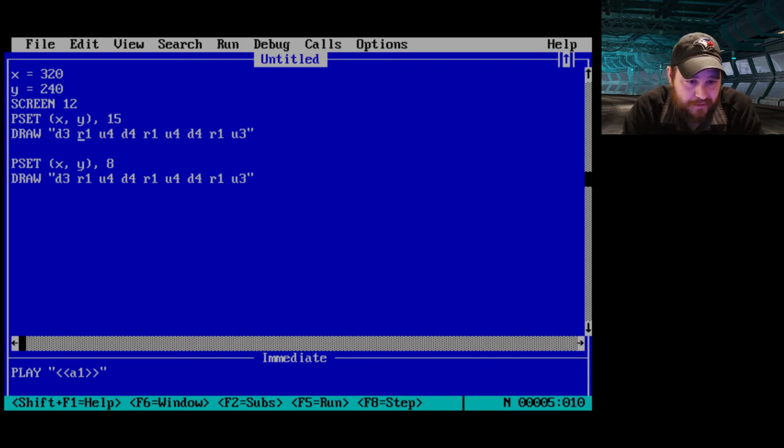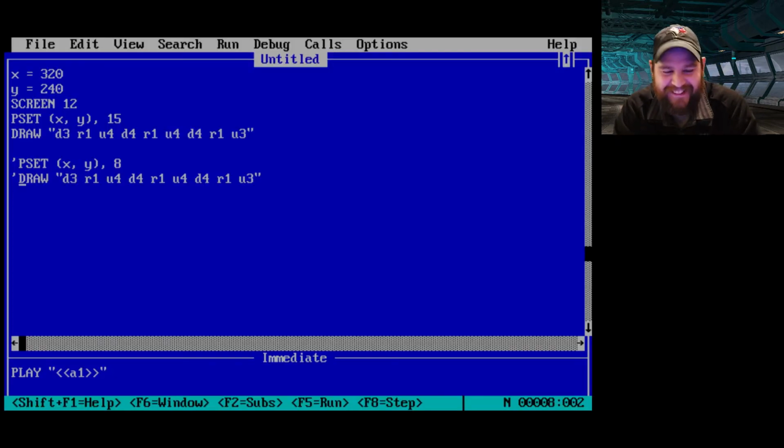Anyway, the 4's in the middle are the hump. Wait a second. This is the same thing. What? Okay, so he draws a white tombstone and immediately covers it up with a gray tombstone.